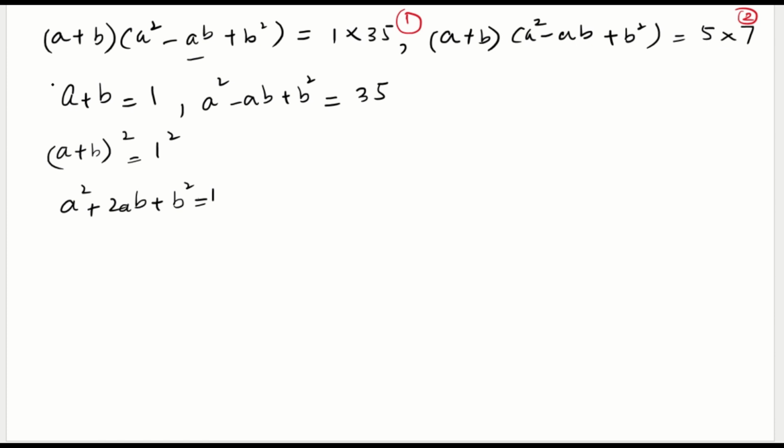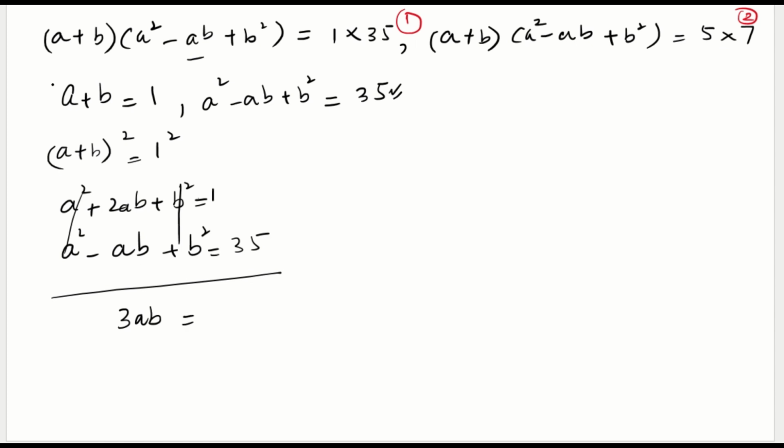The a square will cancel out with a square, b square will cancel out with b square, and we will get 3ab is equal to 1 minus 35, which gives us minus 34. So ab is equal to minus 34 over 3. It is a negative number and the denominator is 3, so we will not have a real value here.